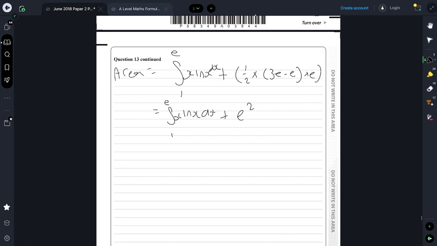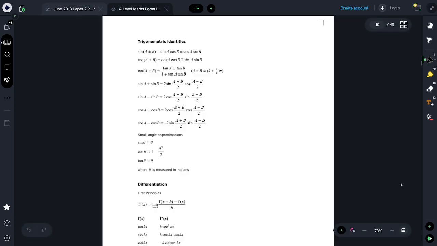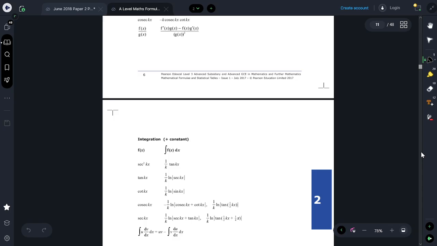And actually, you should hopefully realize what it is. So this is a product rule, right? Not product rule, by parts. And actually, it's in the formula book, so you don't need to learn it. But the product rule, when you're integrating the product of two functions, is, it's here.